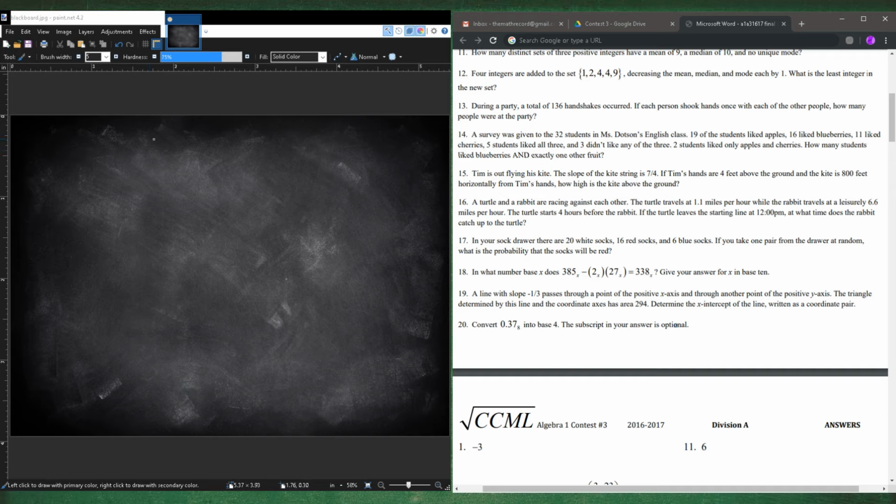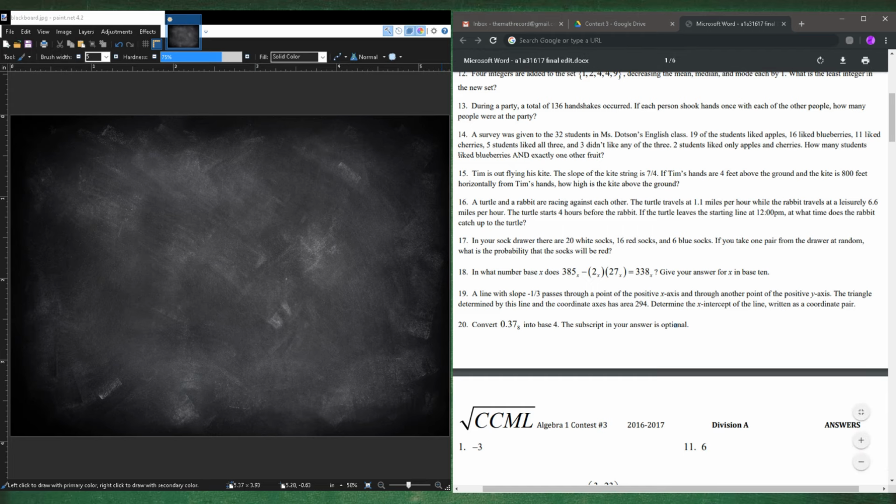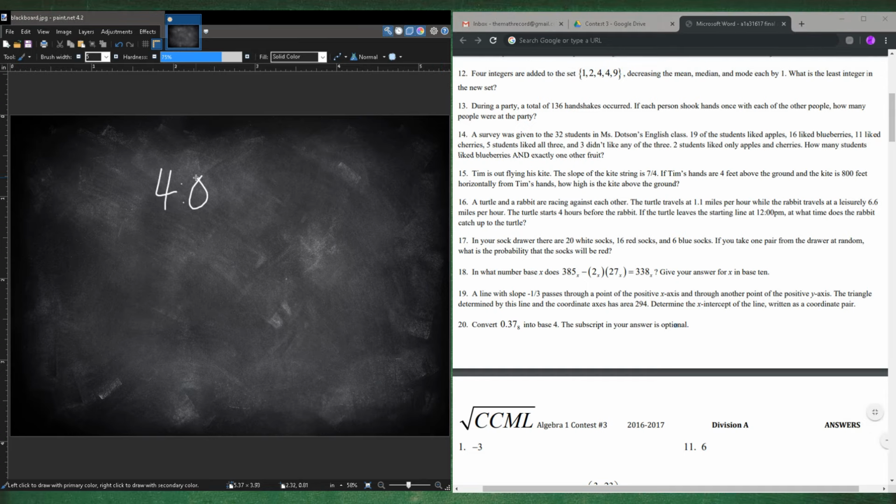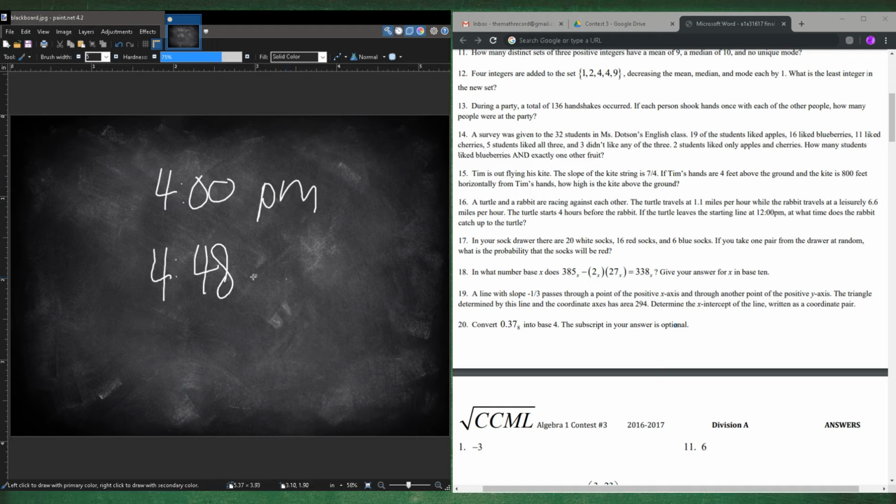The turtle starts at the starting line at 12 p.m., but since the turtle got a 4 hour head start, the rabbit starts at 4 p.m., plus the time it takes to catch up, so it's 4:48. It's going to be at 4:48 p.m. That's your answer.